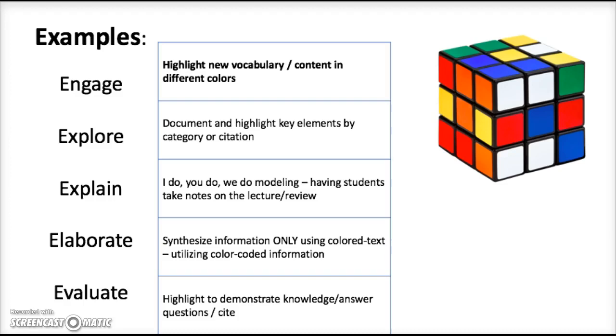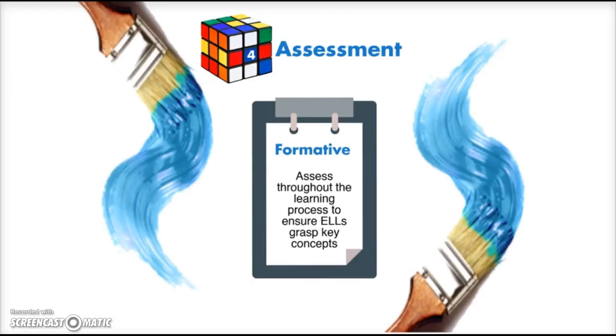It allows students to synthesize information using the color-coded information. So imagine if they highlighted an article in yellow, they can only use that yellow text to synthesize and report back on the information. You can also have students use this as a formative or summative assessment to demonstrate knowledge by connecting key content to specific answers.